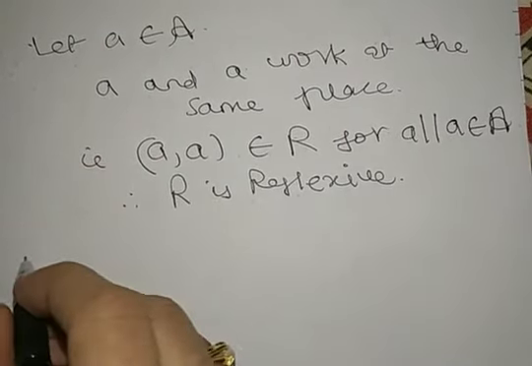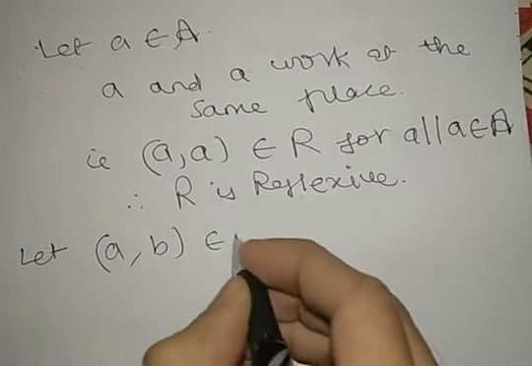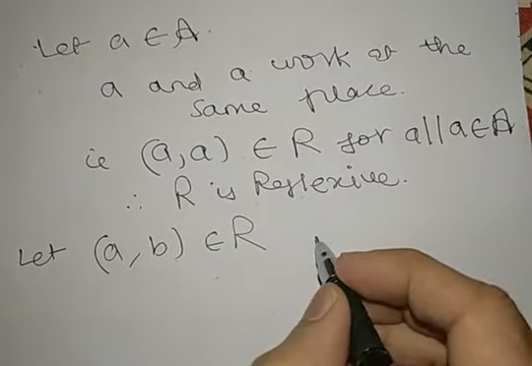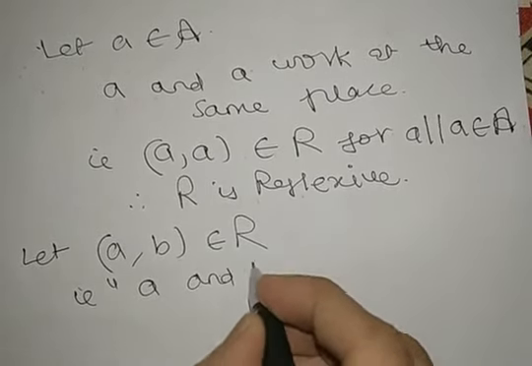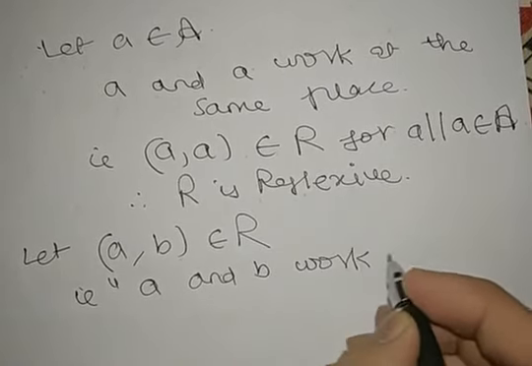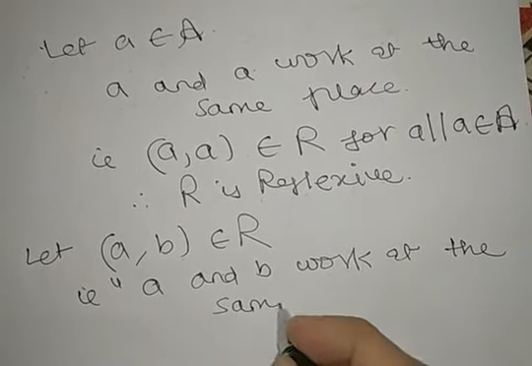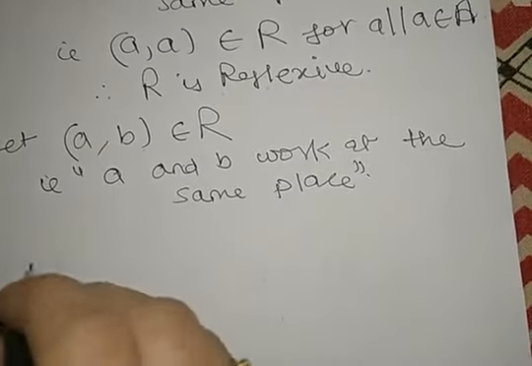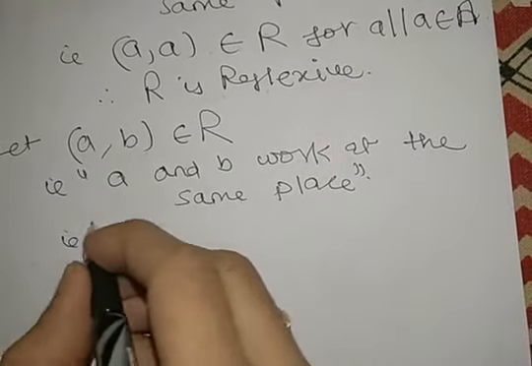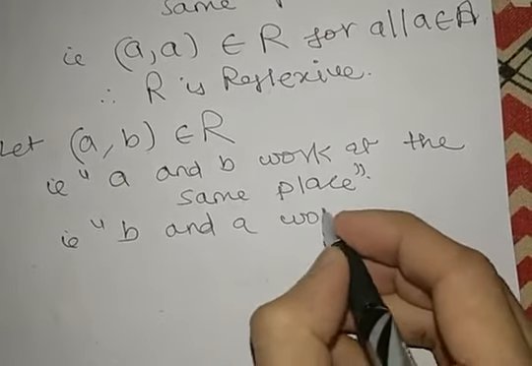Now let (a, b) belong to R. So that is, a and b work at the same place. Now a and b work at the same place, that is, b and a work at the same place.